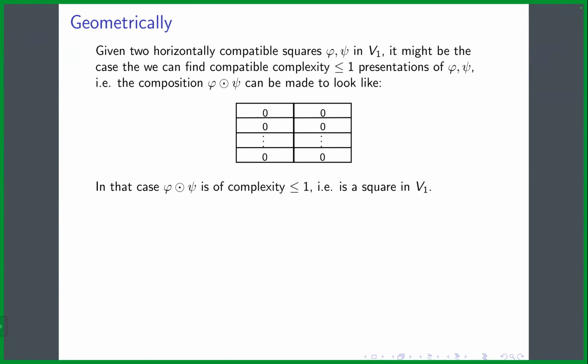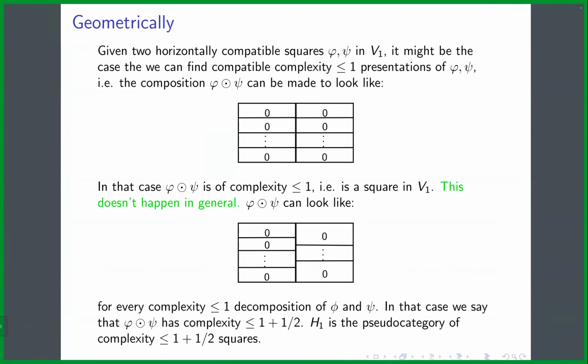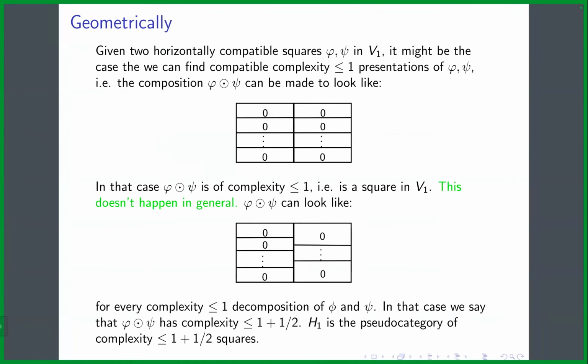And so we would get a subdivision of the horizontal composition of phi and psi into a vertical composition of squares of complexity 0. And so the horizontal composition would be of complexity less than or equal to 1. But that doesn't happen in general. So the horizontal composition of phi and psi can look like this for any complexity less than or equal to 1 decomposition of phi and psi.